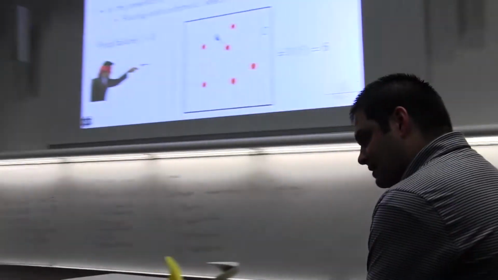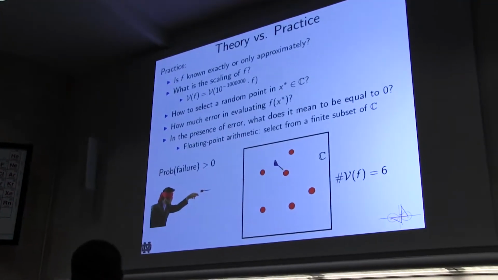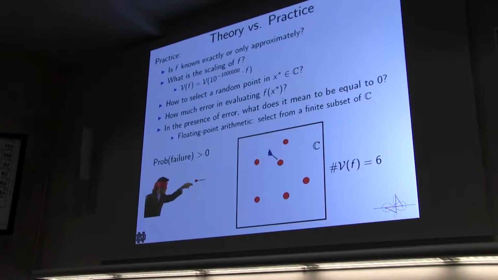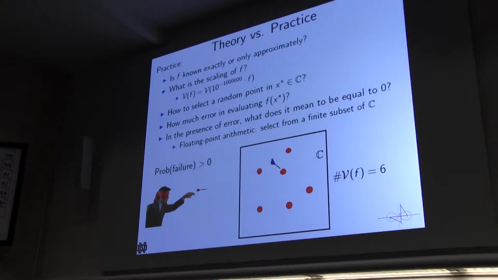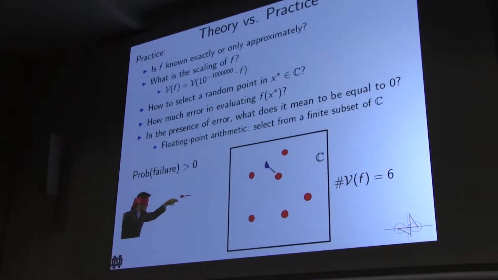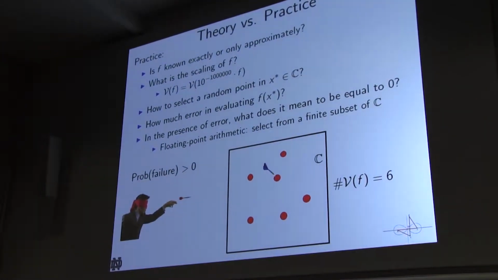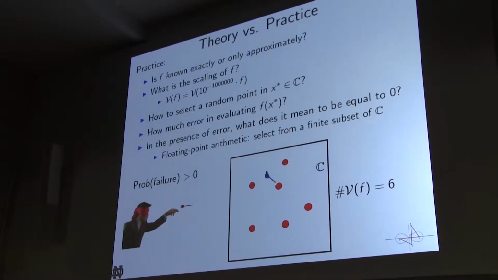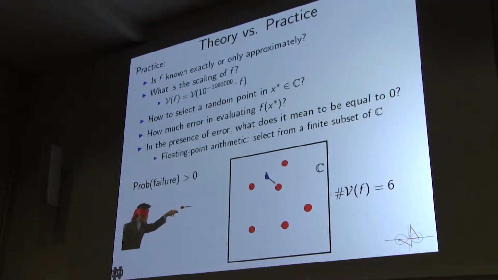What happens in practice? David mentioned this earlier. Do you know this polynomial exactly, or only approximately? If it has complex coefficients, are those known exactly or approximately? Can you rescale the function? Does it have nice scaling or not? Suppose I put 10 to the minus a million times f.